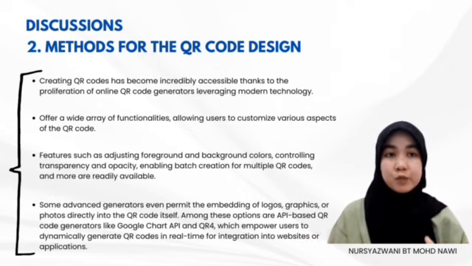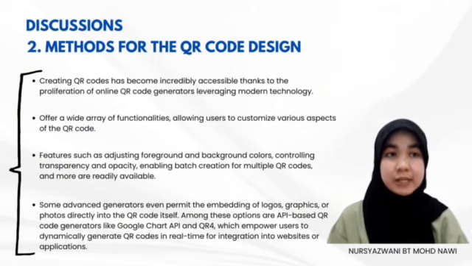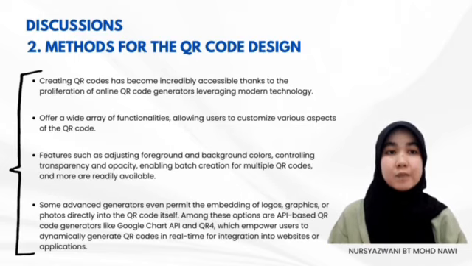Among all of these options are API-based QR code generators like Google Chart API and QR4, which empower users to dynamically generate QR codes in real time for integration into websites or applications. They also provide the flexibility to generate QR codes on demand, offering a seamless experience for developers and users alike.